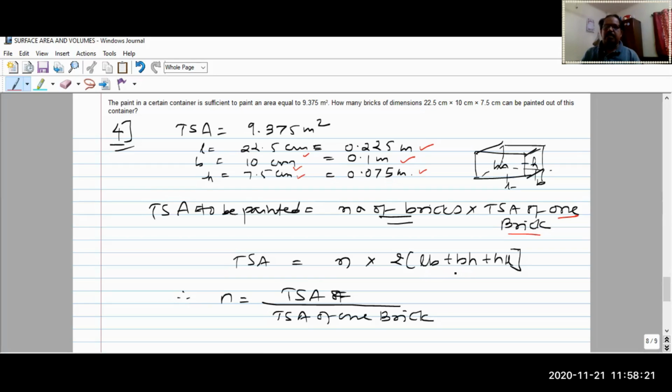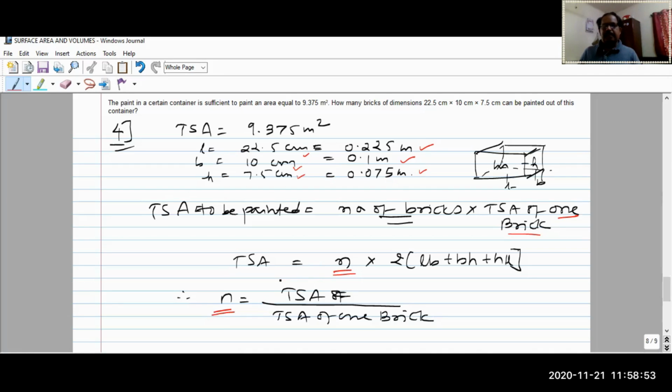If we denote N as the total number of bricks to be painted with the paint available in the container, then the total surface area to be painted is equal to N times 2(LB + BH + HL). It gives us the formula to find the number of bricks to be painted.